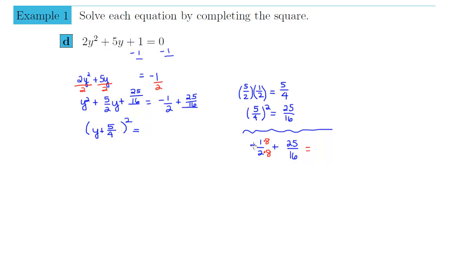That tells us we're simply adding negative 8 over 16 plus 25 over 16. Now that we have like denominators, negative 8 plus 25 is simply 17 over 16. Everyone got that? So this is what our right side simplifies to: 17/16.